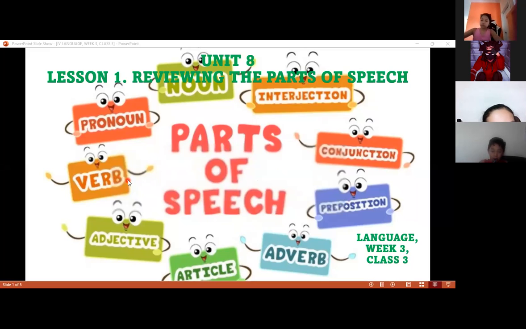Remember, a verb is the action. An adverb describes more of the verb, so it gives more information about the verb, the action. We have adjectives that describe the noun, if it is beautiful, short, fast, small. So the adjective gives us more information about the noun. A noun can be a person, an animal, an object.